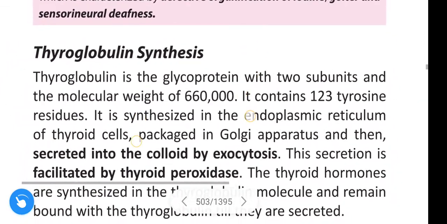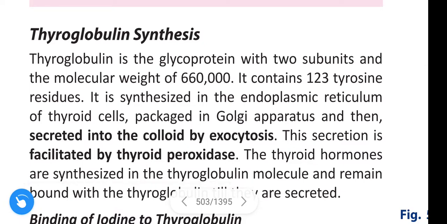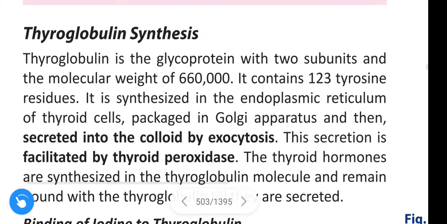Next, thyroglobulin synthesis. Thyroglobulin is a glycoprotein with two subunits. The molecular weight is 660,000. It contains 123 tyrosine residues.